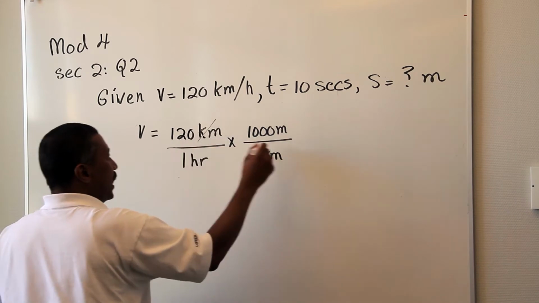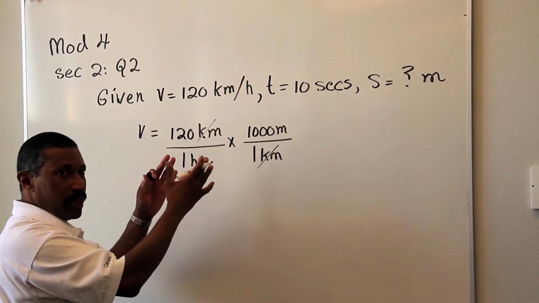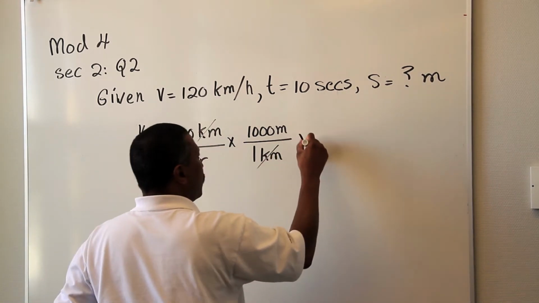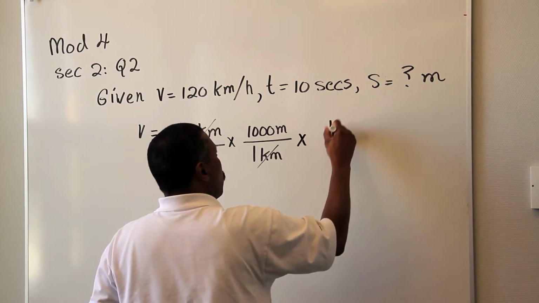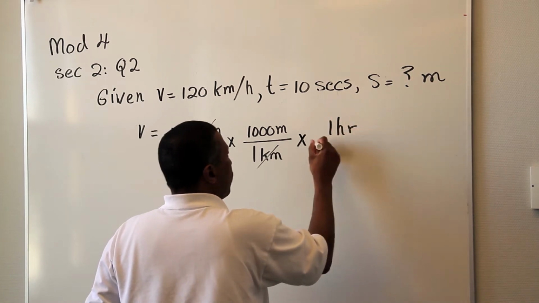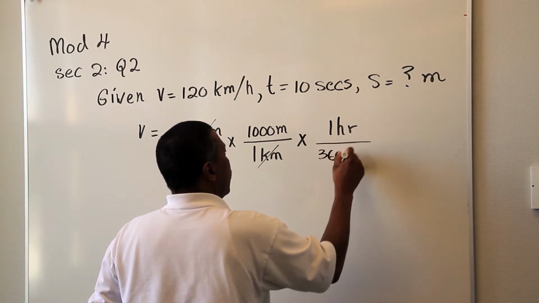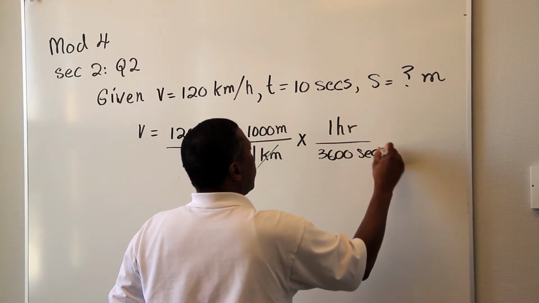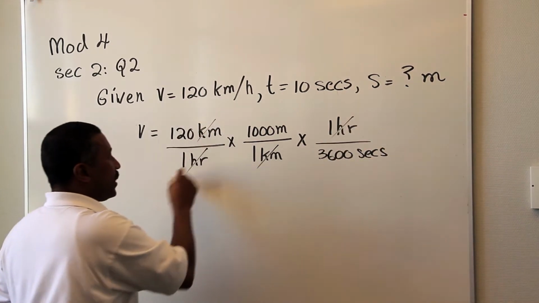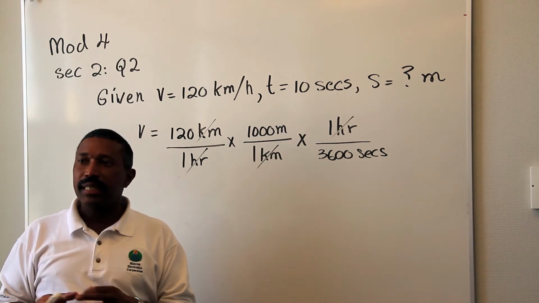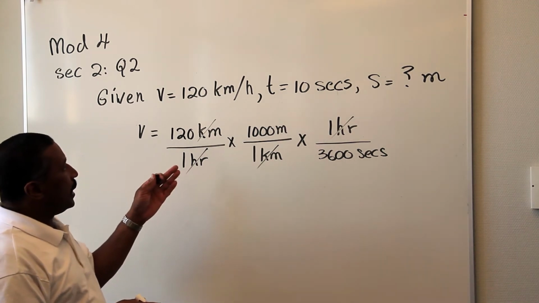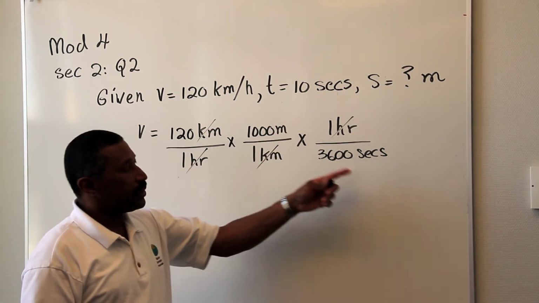So what you've got is that cancellation, so you've got meters per hour, and now you want to do that there is 1 hour per 3,600 seconds. And what do we notice? That the hours cancel. So that your units at this moment for velocity is in meters per second.